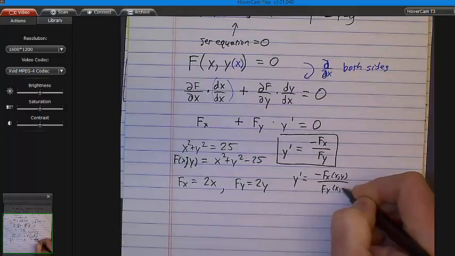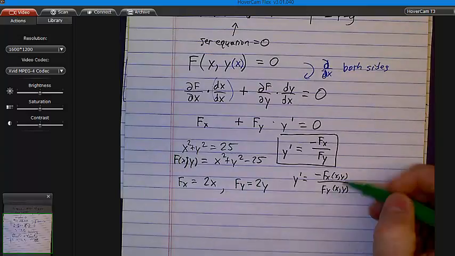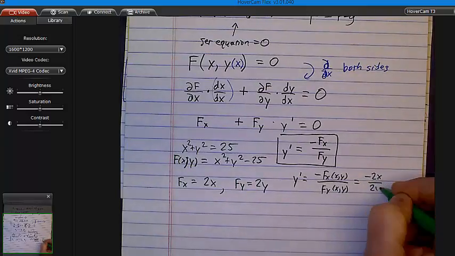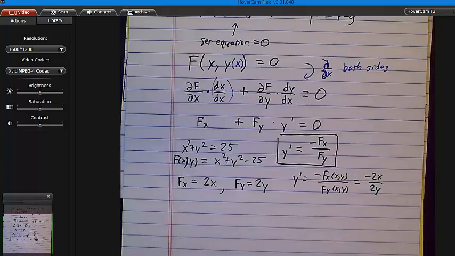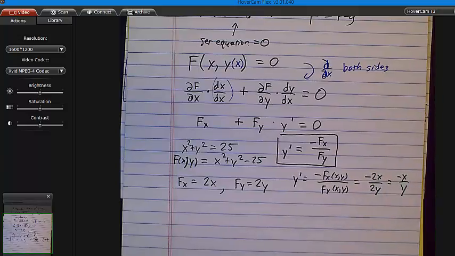These are functions of x and y in general, although in our example, fx is only a function of x, and fy is only a function of y. That's what they are. But there you have it. Okay, so we get negative x over y again. And that worked again.